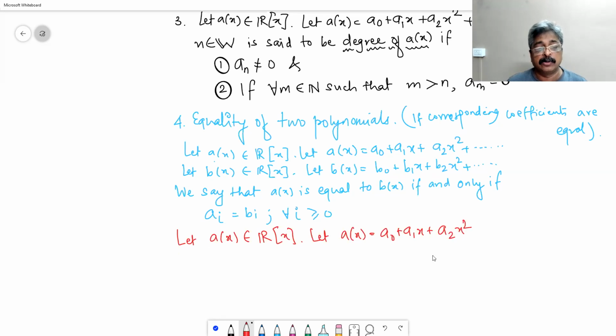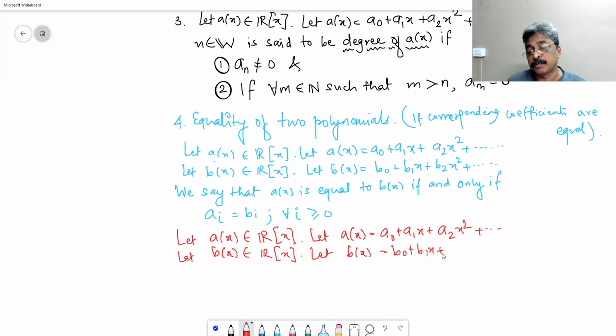So let a of x belong to R of x. Let a of x is equal to a0 plus a1x plus a2x square plus dot dot dot. Let b of x belong to R of x. Let b of x is equal to b0 plus b1x plus b2x square plus dot dot dot. Let n belong to whole numbers.